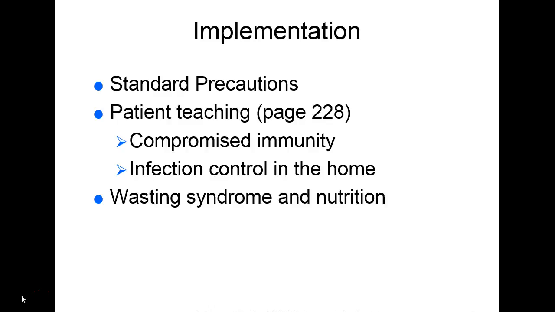And then we need to be alert for wasting syndrome. Again, wasting syndrome is losing more than 10% of their weight, along with at least 30 days of either diarrhea or weakness accompanied by fever. It's strongly correlated to the progression of the HIV disease and can lead to death.